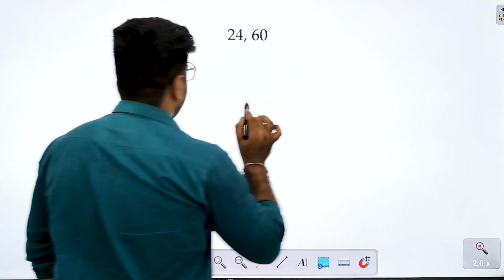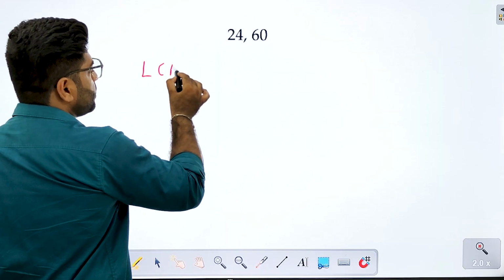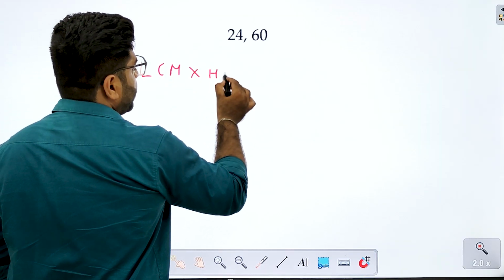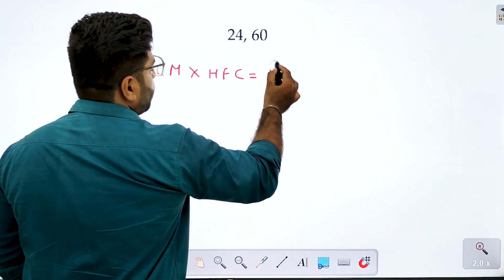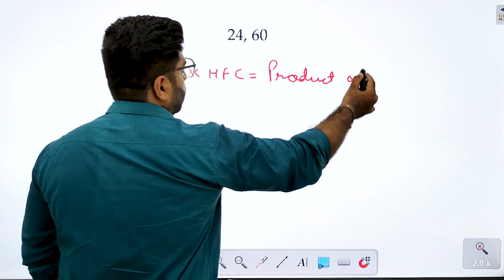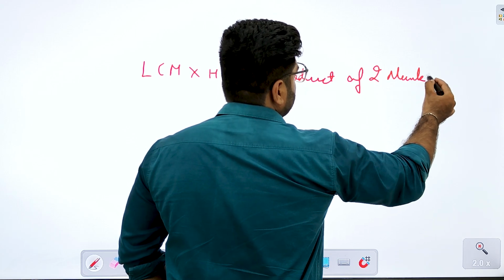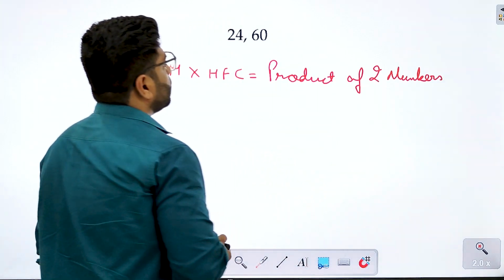So if we talk about the property, that is the product of LCM and HCF equals the product of the two numbers. Clear?